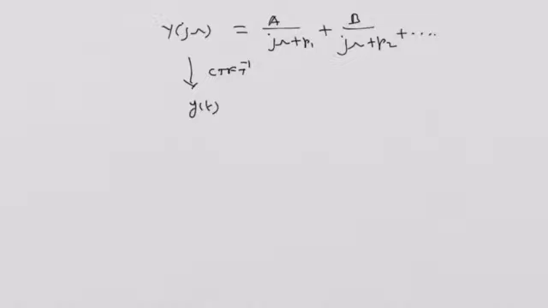And a point to be remembered here is, whenever you have e power minus at u of t, when you apply the Fourier transform, in the Fourier domain it is written as 1 divided by j omega plus a. Right?